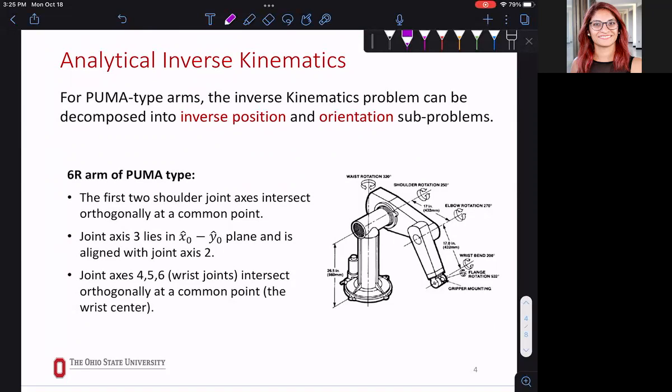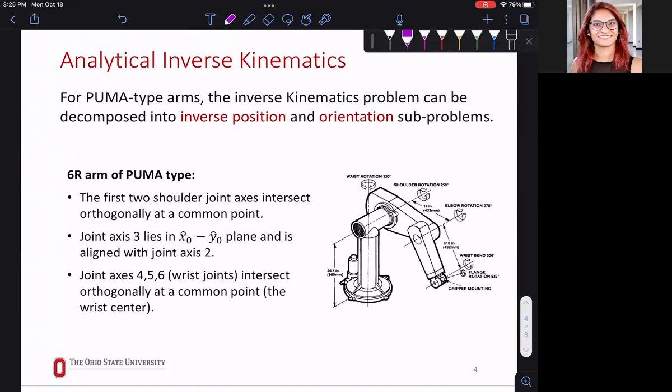There are 3 joints on the shoulder. Well, the shoulder has 2, sorry, and 1 elbow, and there's a wrist that has 3 rotations about X, Y, and Z. You'll see different Puma robots with different numbers, like the Puma 560, and the model number is the configuration of the robot. But there are always 2 revolute joints on the shoulder.